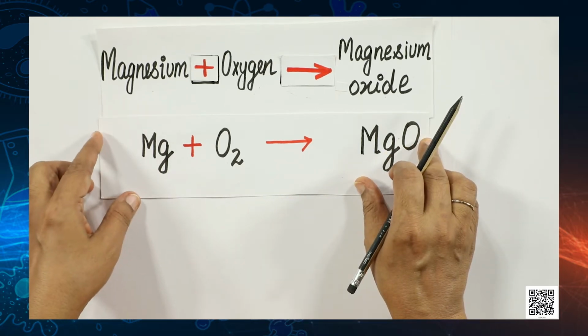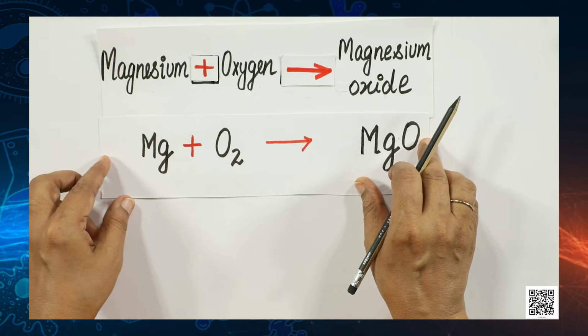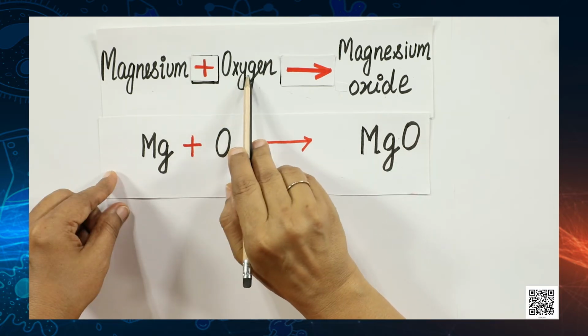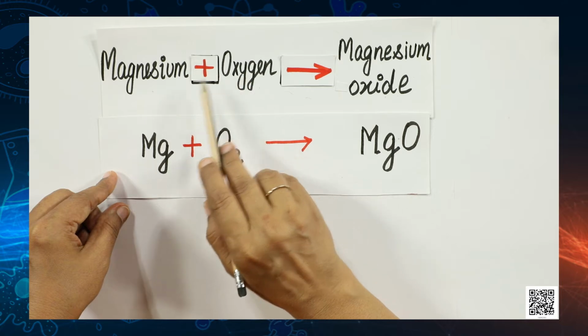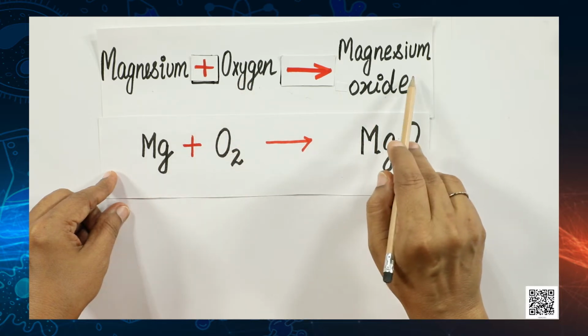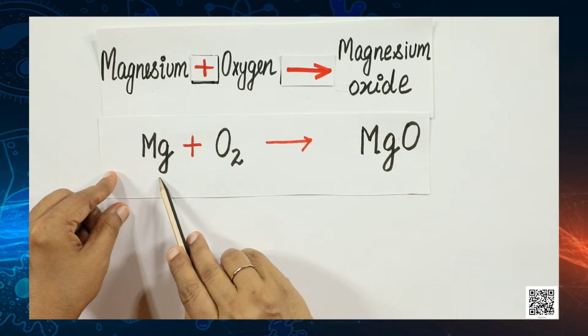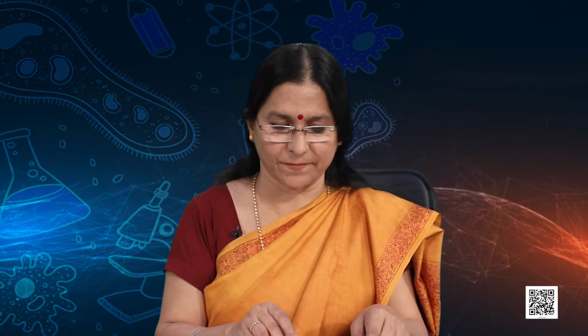Now, students, along with me, count and compare the number of atoms of each element on the left hand side and on the right hand side of the arrow. Are the number of atoms of each element same? Let us count. Here we have 1 Mg and on the right hand side also 1 Mg.